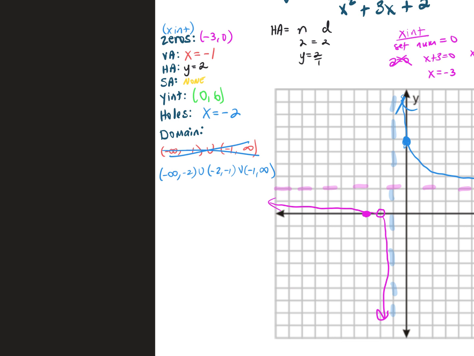Every time to find the zeros, you set the numerator equal to 0. Every time to find the vertical asymptote, you set the denominator equal to 0. The process is the same, but in each problem, the numerators are different, the denominators are different, the factoring is different. So you have to be able to adapt to all the different kinds of things you're going to see. It's not just, oh, I memorized this and I'm going to spit it back out. So you guys actually have to actively practice. All right, we good? Okay.